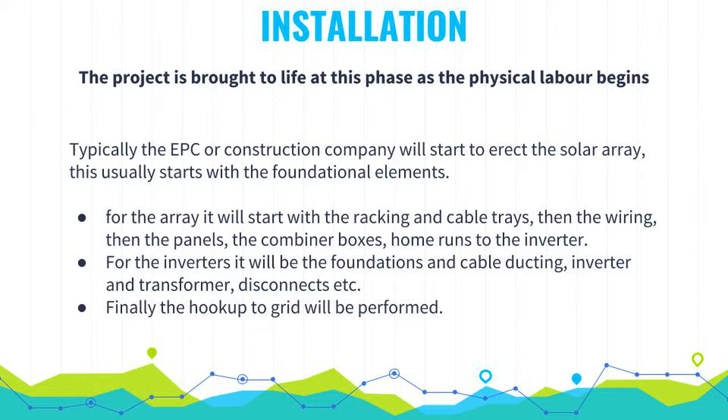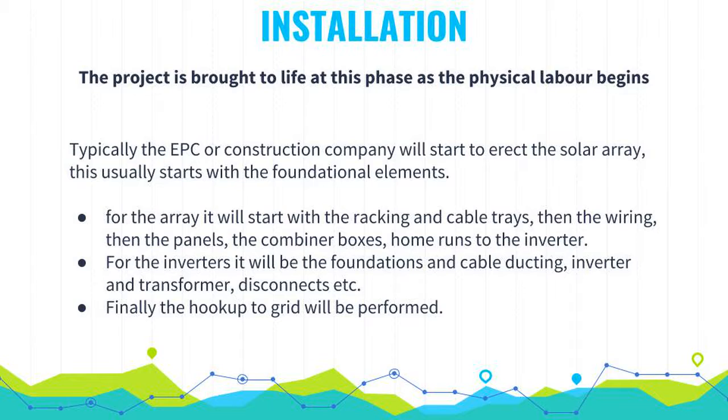During installation, the project is brought to life. At this phase, the physical labor begins. Typically, the EPC or construction company will start to erect the solar array. This usually starts with the foundational elements, that being the array itself.